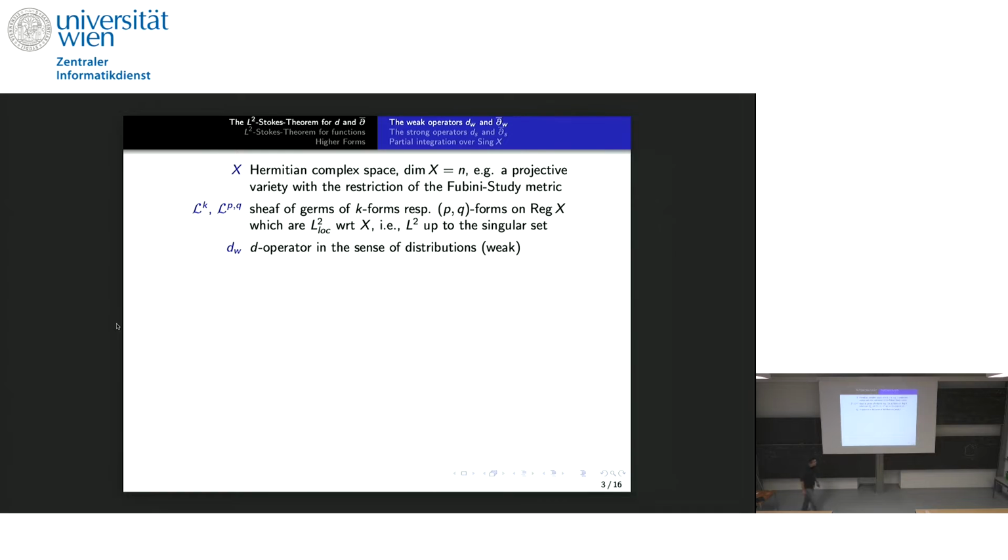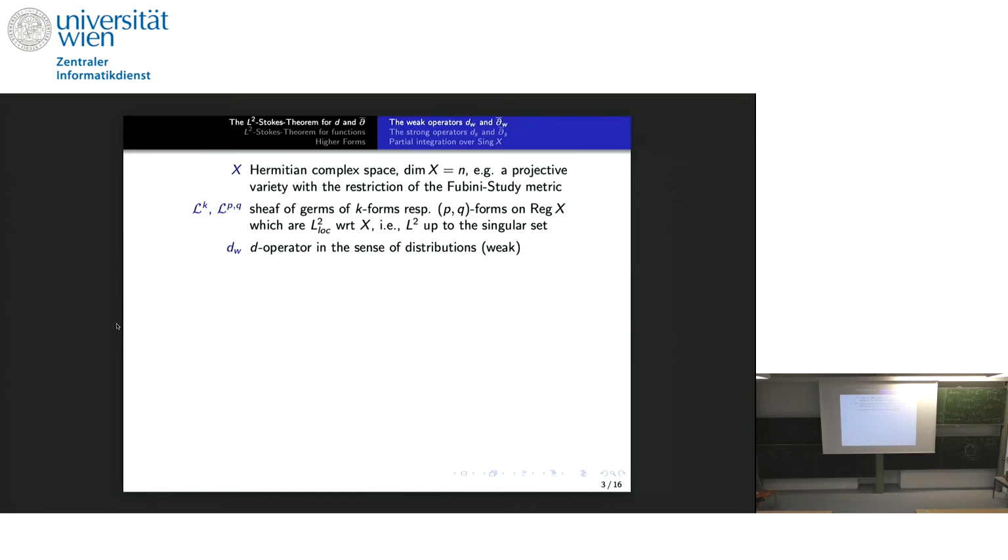Let me return to my picture here. It's abstract, so it is invariant under biholomorphisms, and a restriction of the ambient space.